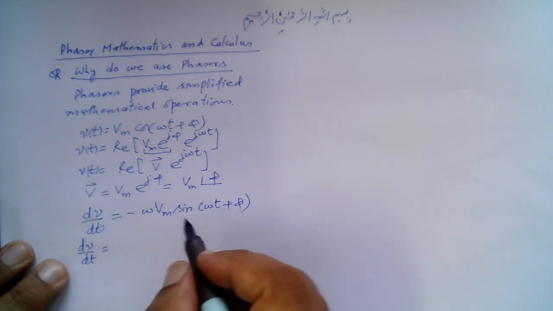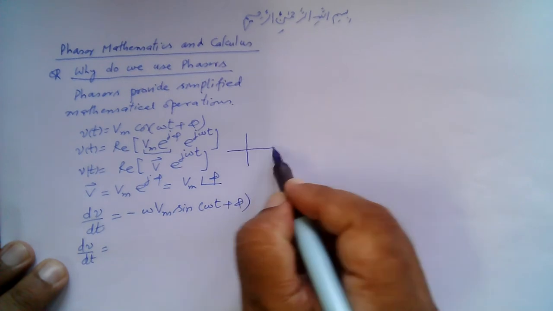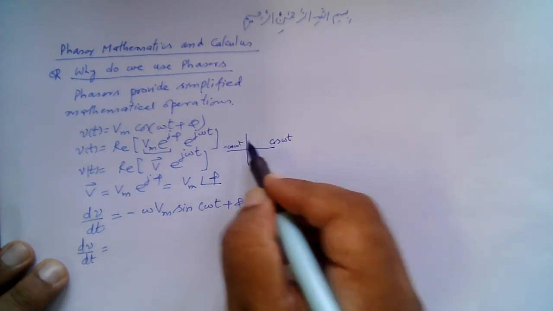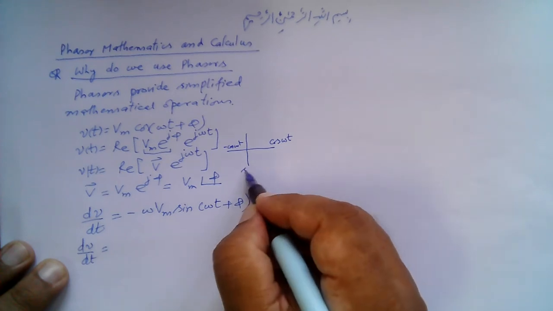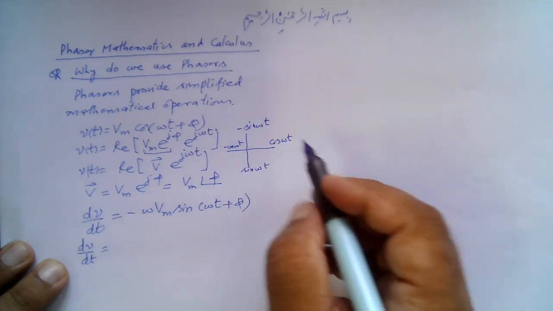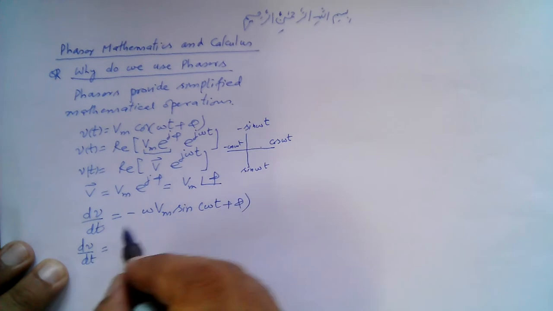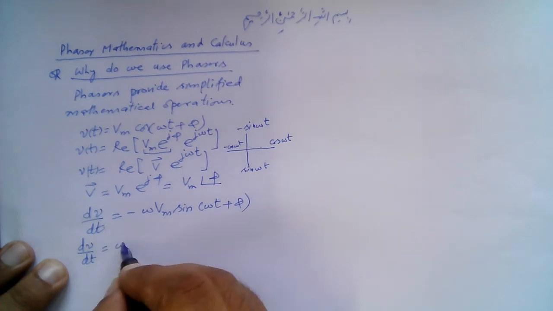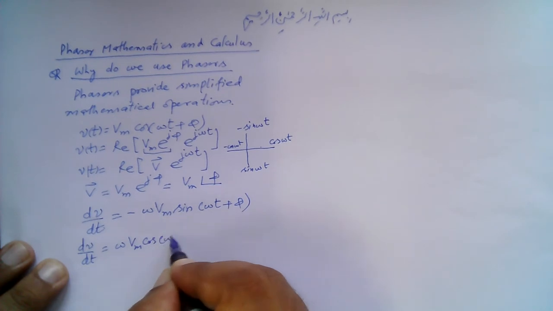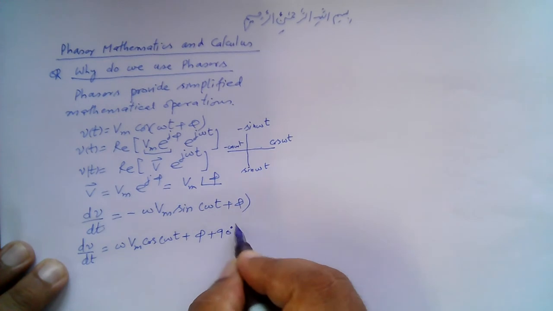Using this graphical method, we have cos omega t, minus cos omega t, sine omega t and minus sine omega t. Going from here to here, we add plus 90 degrees, and this is minus sine omega t. So this results in omega Vm cos(omega t plus phi plus 90 degrees).